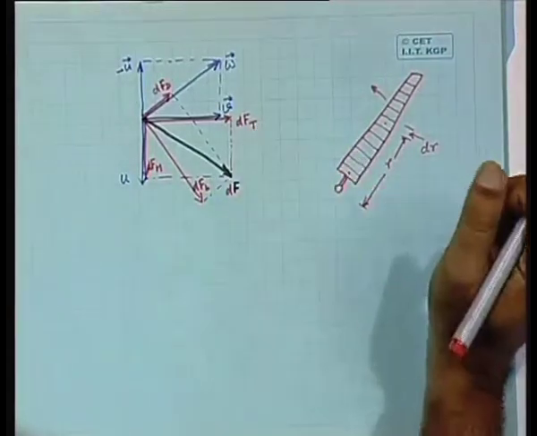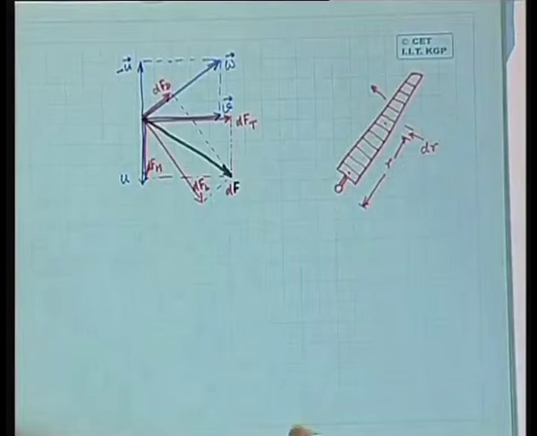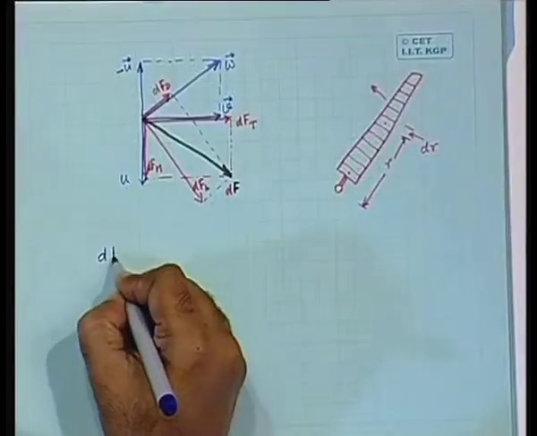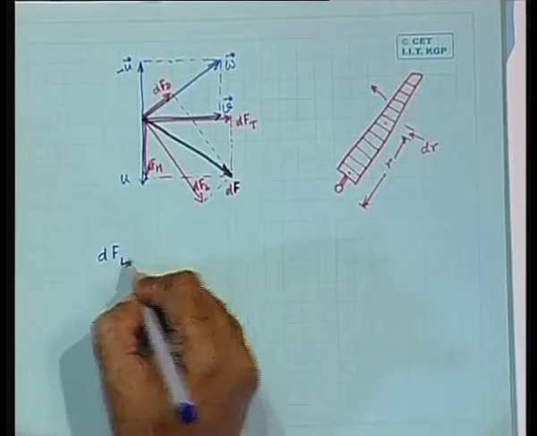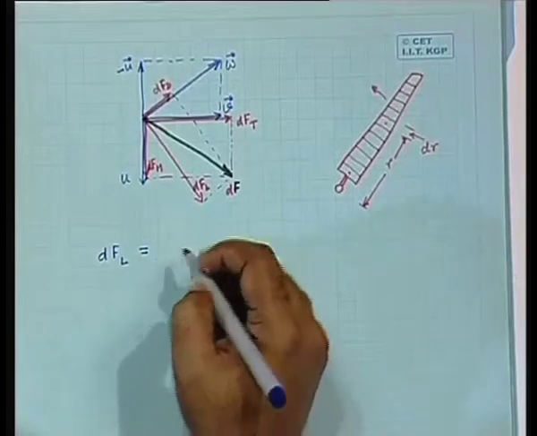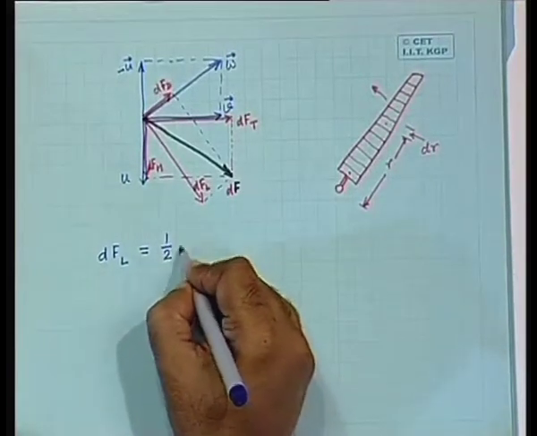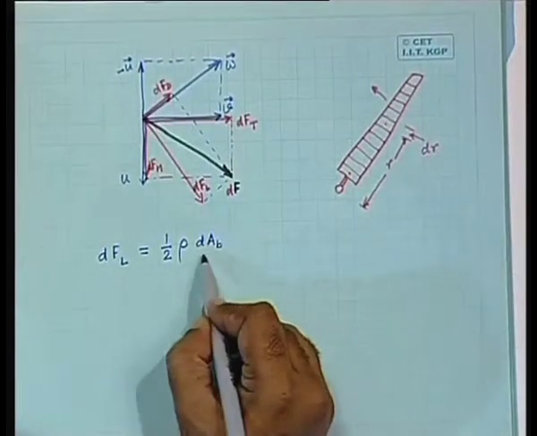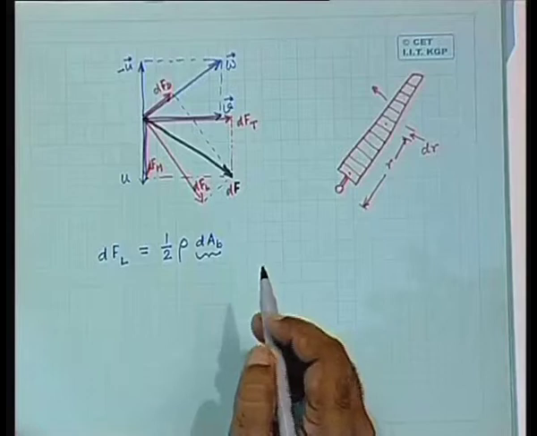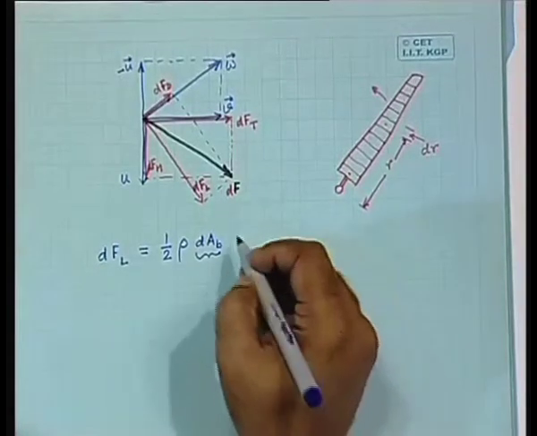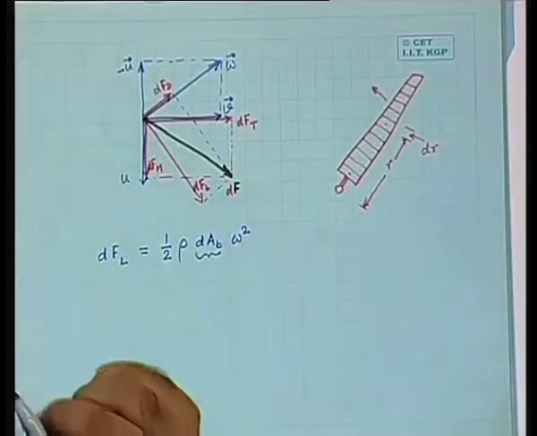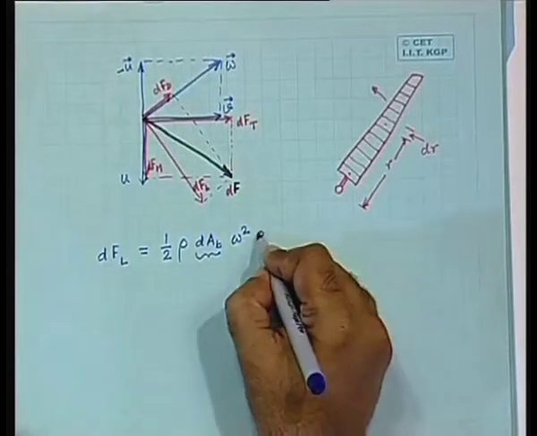Okay. Now, what will be the lift force produced? The lift force produced, dFL, its expression is half rho dAB. dAB is the area of the blade, then W square times a very important factor that is called the lift coefficient CL.